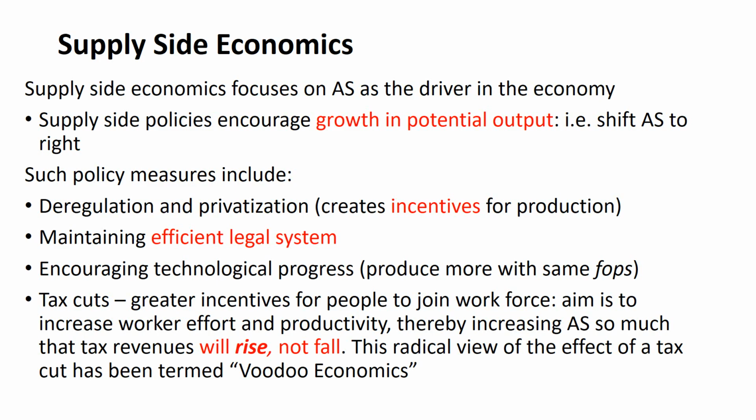Specifically, because worker effort and productivity would increase, they would argue that tax revenues will increase when tax cuts happen rather than fall. This radical view of the effect of a tax cut has sometimes been termed voodoo economics, and you can imagine why, just because it is quite outlandish and almost mystical to think that a tax cut could have the effects that supply-side economists argue that it does.